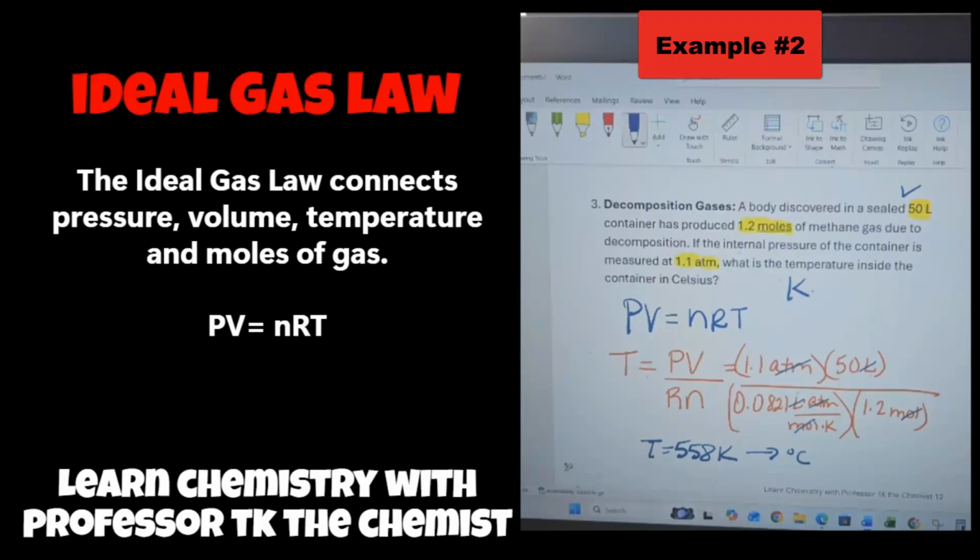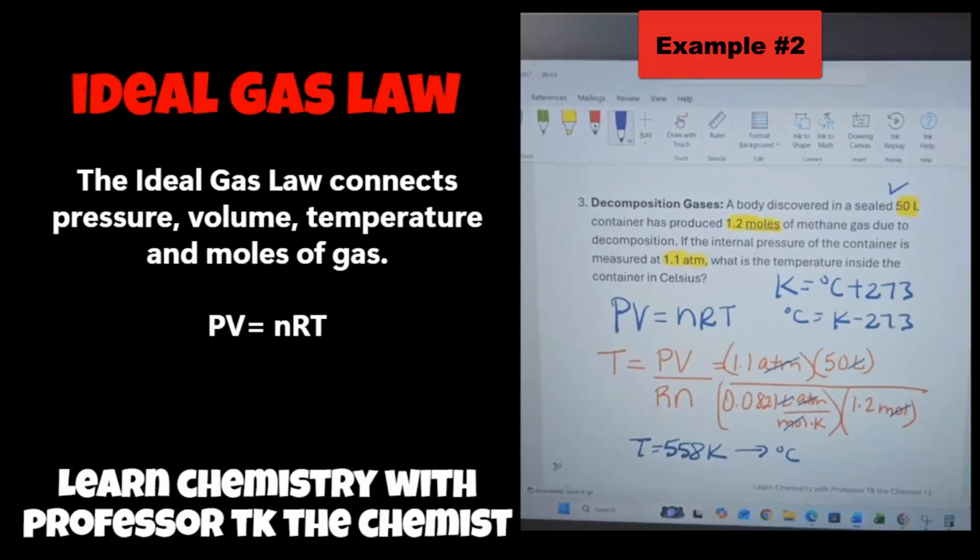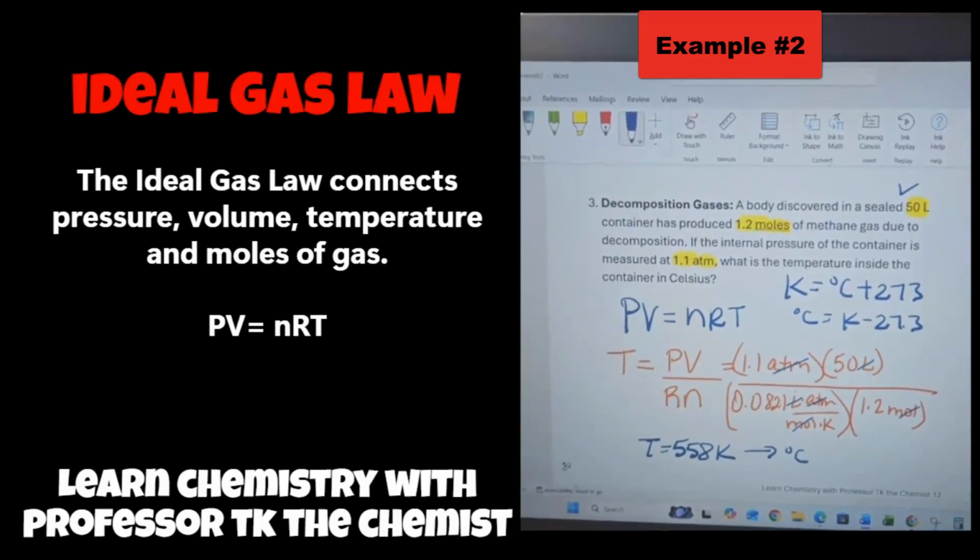Let me show you all the formula. Kelvin is this right here. But if you're looking for degrees Celsius, you subtract 273 from the number, okay? So to get your degrees Celsius, it would be Kelvin minus 273. So keep those two formulas in mind, all right?